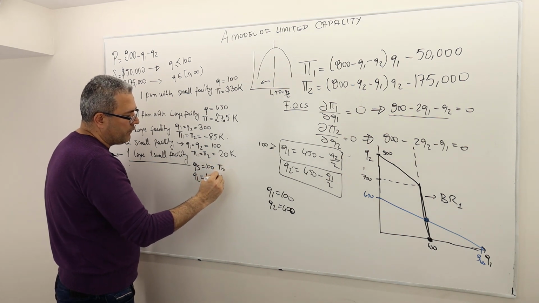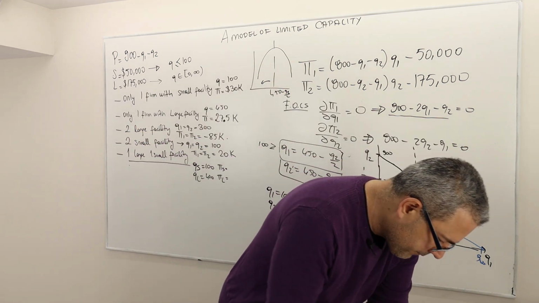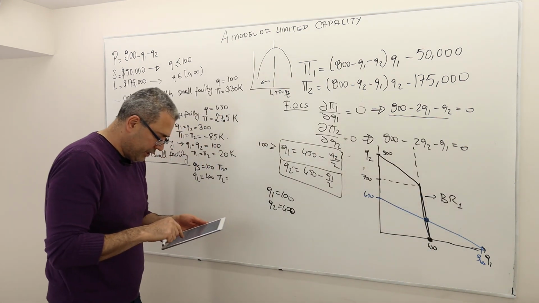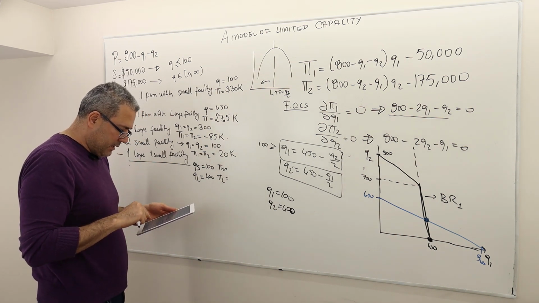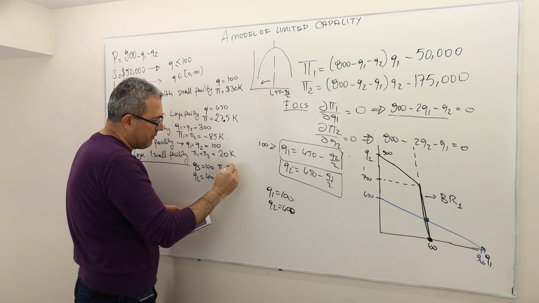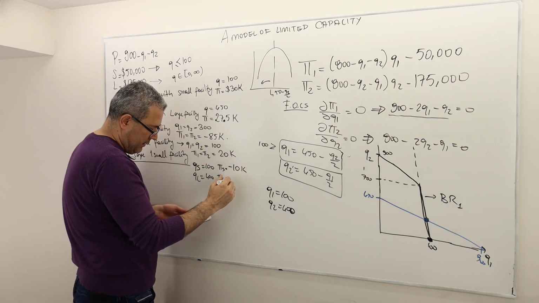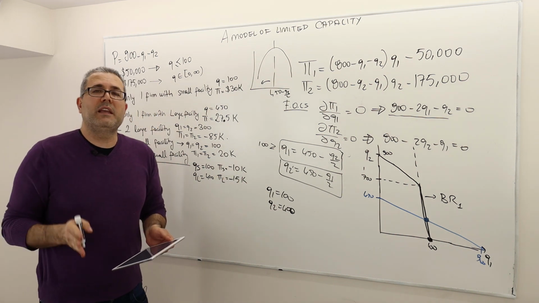Therefore, the profits of the small and the large firm, in these Nash equilibria of those subgames, are: the small firm's profit is going to be minus 10K and the large firm's is minus 15K. So that's basically it.